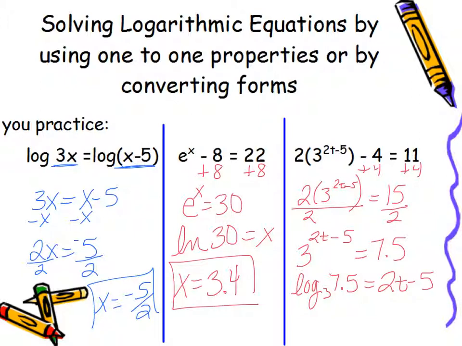Okay, so let's do that in our calculator. So we'll take log of 7.5, don't forget to close your parenthesis there, and then divide by log of 3. And what we end up with is 1.83.